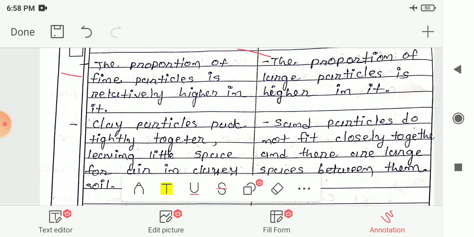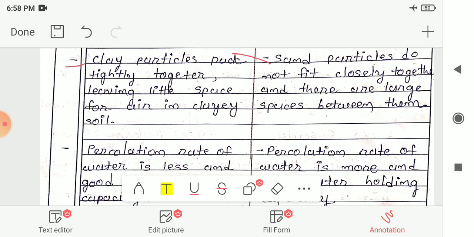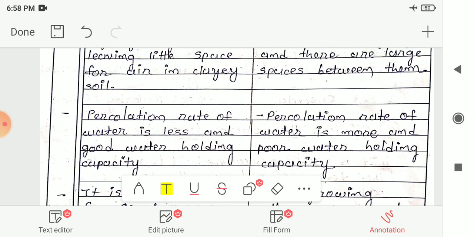Next, in clay soil the particles are packed tightly together, leaving little or no space for air. Whereas in sandy soil, the sand particles do not fit closely together, and there is large space between these particles.